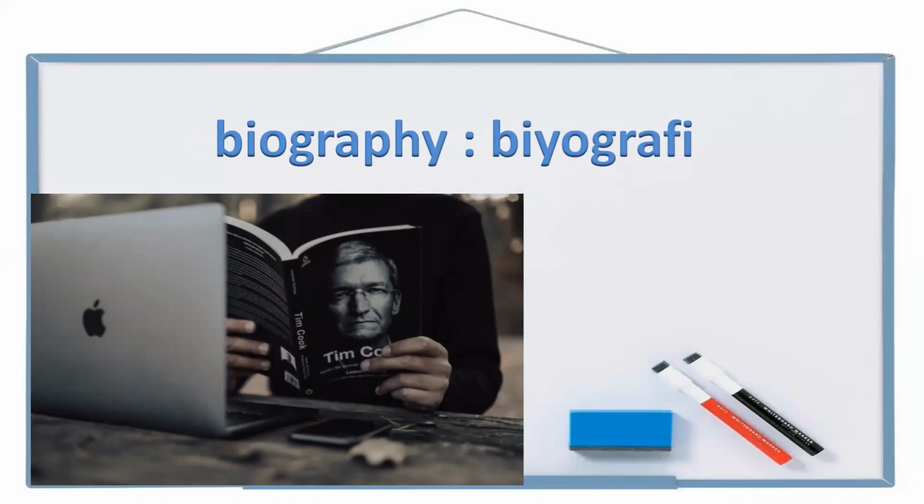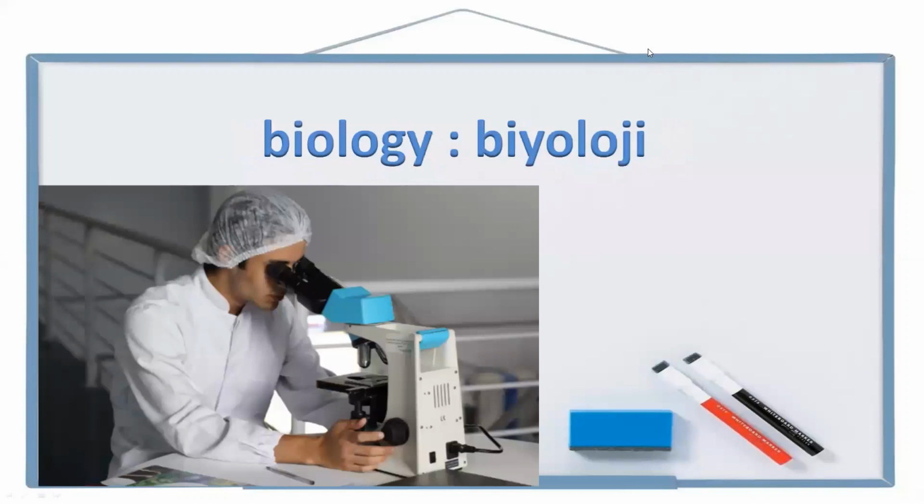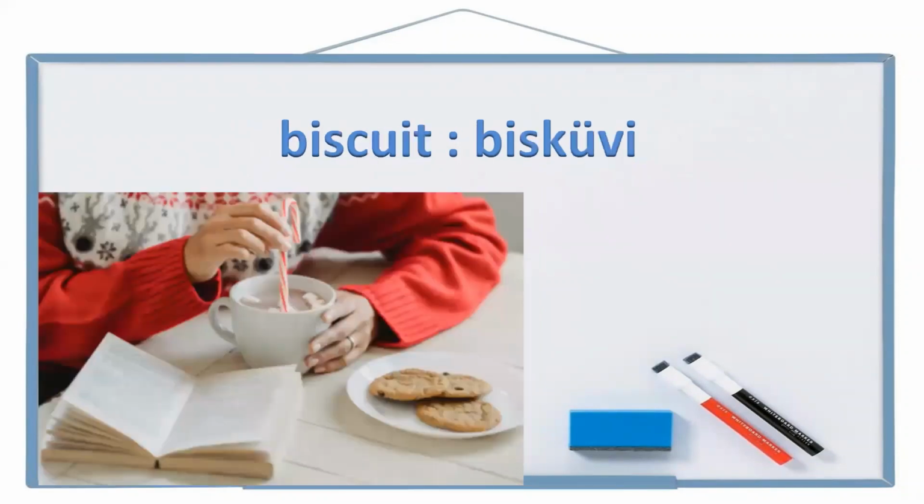One more time. Biyografi. Next one, biology. In Turkish, it is biyoloji. Again, G changes to J and it becomes biyoloji. Next one, biscuit. It is bisküvi. Again, there is Ü with dots. Bisküvi.